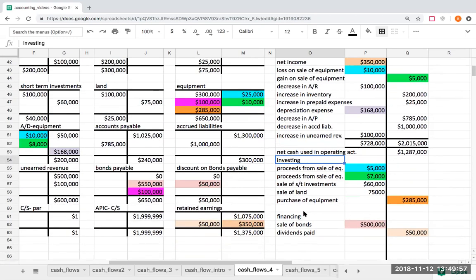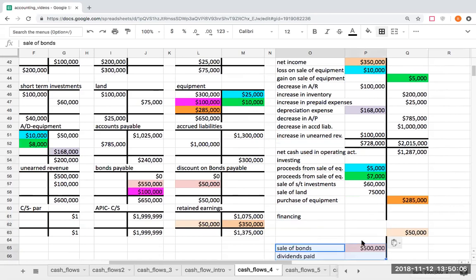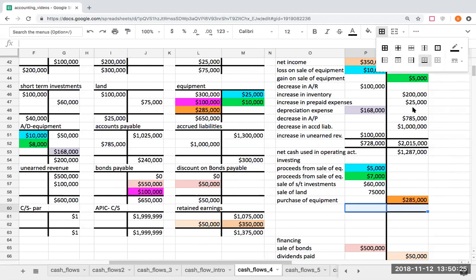When it comes to investing activities, right here, I'm going to move these down a little bit just to give ourselves some more room. There we go. Okay. So what I'm doing here in operating activities, I'm going to go ahead and total these up.